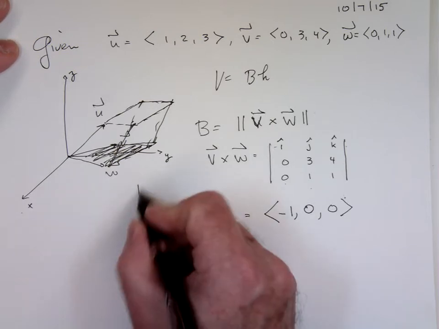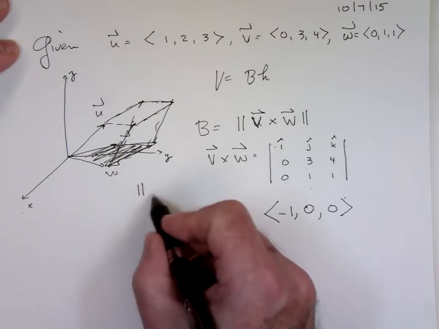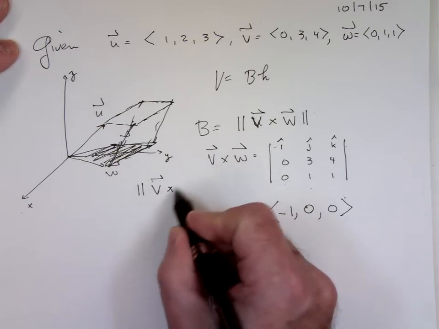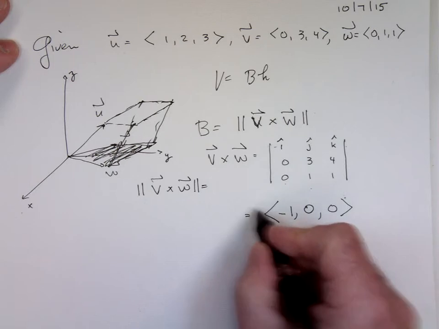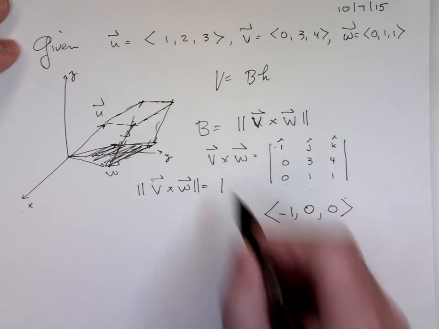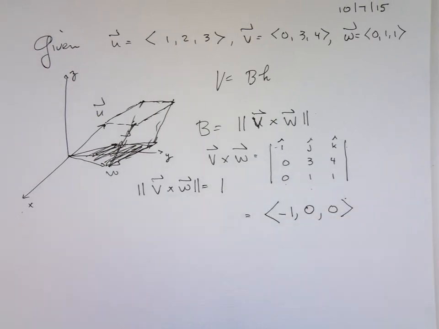The magnitude of V cross W is equal to 1. That's the area of that parallelogram on the base. That's equal to 1 square unit. It's kind of interesting. Now, there are two ways to find the height.